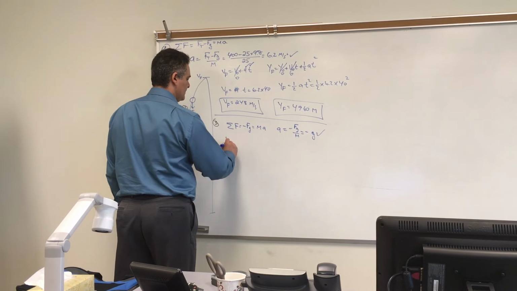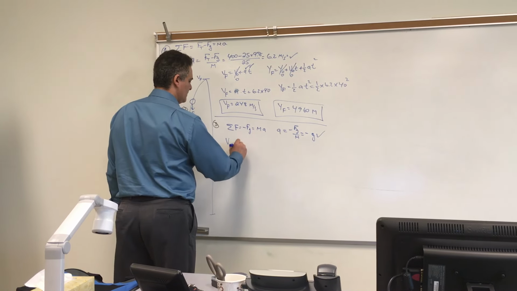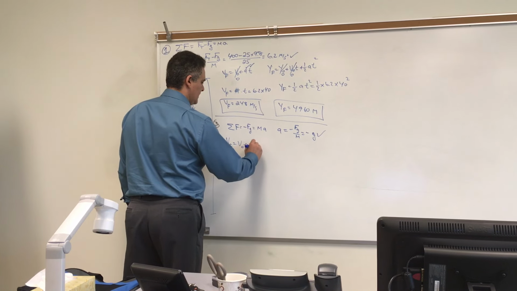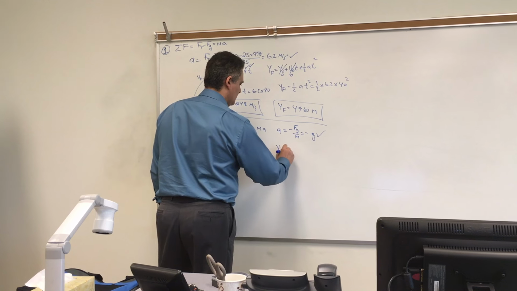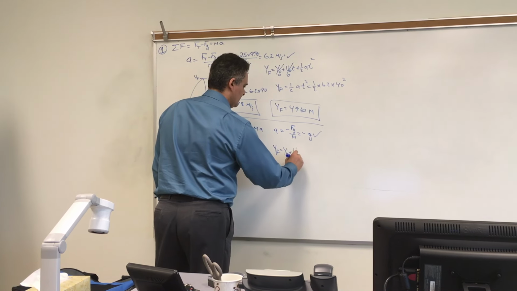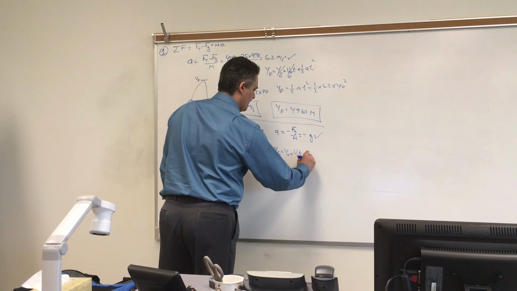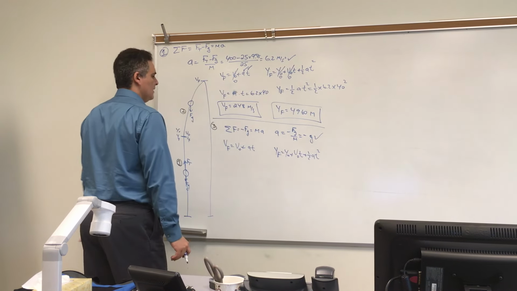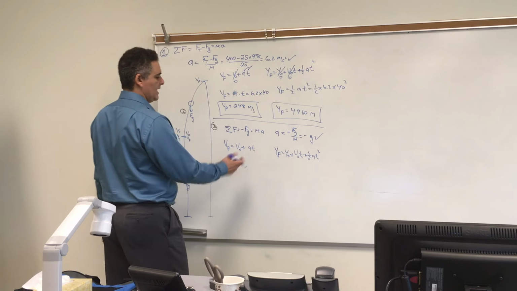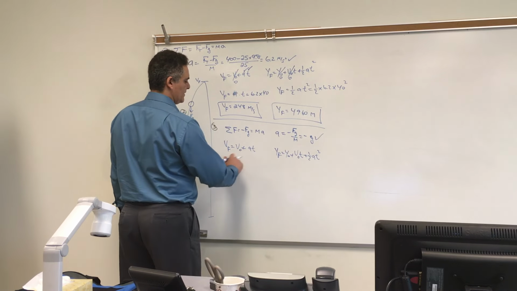So we have V final equals V initial plus AT, and Y final equals Y initial plus V initial times T plus 1/2 AT squared. Of course, A equals negative g, so I can just replace this.